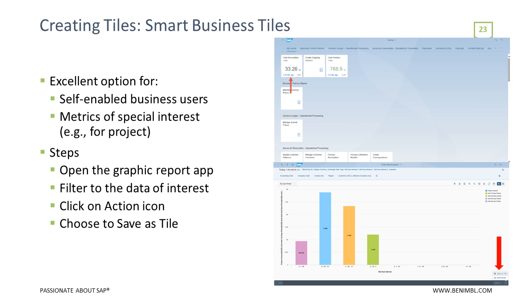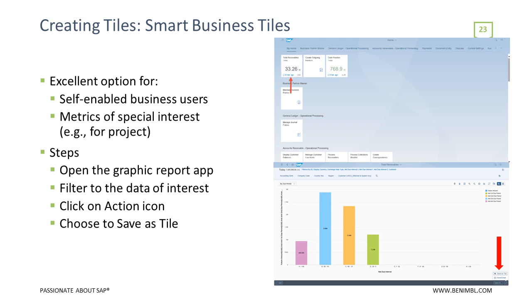These applications, tiles, smart business applications, whatever you want to call them, it's very easy. You could drill into them, and you could get the graphical representation. You could filter down on customers, suppliers, whatever key figure you want.